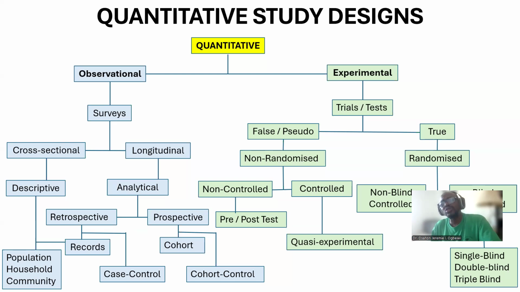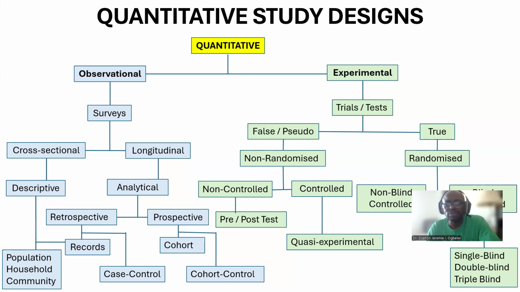You do them to test whether they are efficacious, whether they will work under a controlled scientific setting, before you release those drugs or interventions to be used in the human population. So for you to do that, you do these experimental studies that are usually clinical.